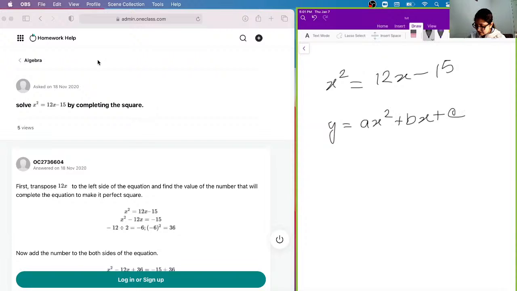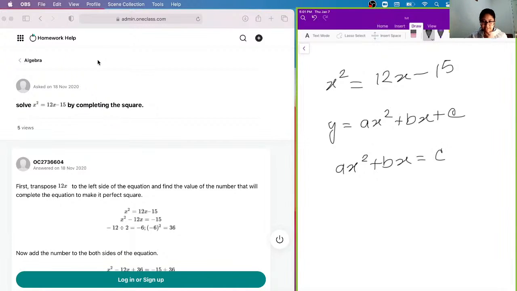So in this case, our equation could be set up like this: simply ax squared plus bx plus c is equal to something, or we could just say that ax squared plus bx is equal to c.